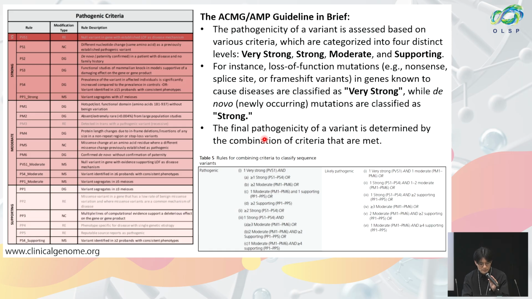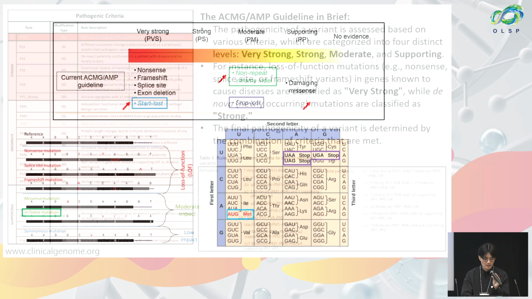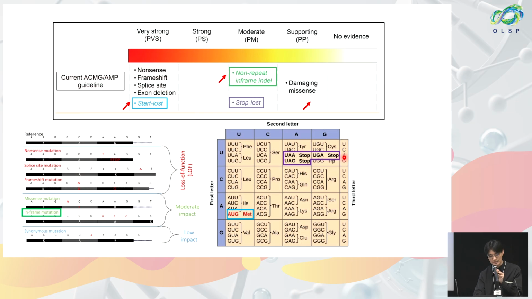And the final pathogenicity of a variant is determined by the combination of these criteria that are met. For example, one very strong and one strong is classified as pathogenic, while one very strong and one moderate is classified as likely pathogenic. And among many criteria in the ACMG guideline, there are some criteria thoroughly defined by the variant types.